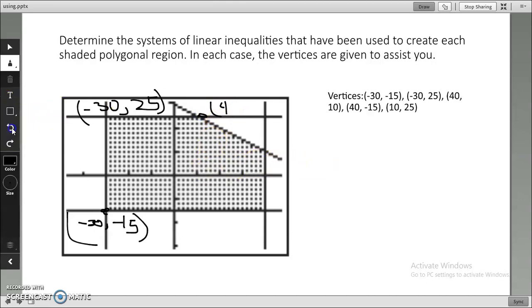I'm going to have to say yes, 40 is probably more over there. Oh, yep, because we have 25 up here. So the 40, 10 is up here.